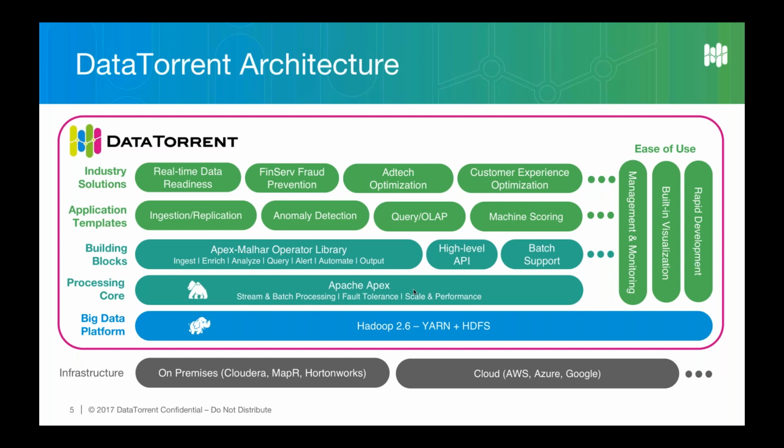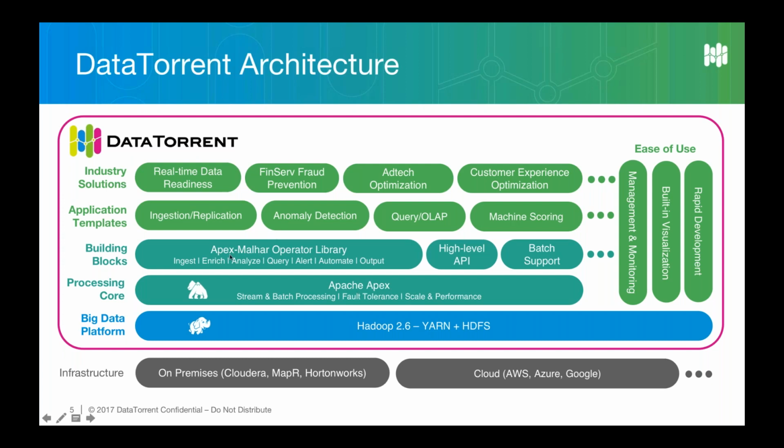So any state recovery or even metric calculation, all that happens at window boundaries. And the engine is responsible for keeping track of windows and events. So that is the green box, which is called Apache Apex.